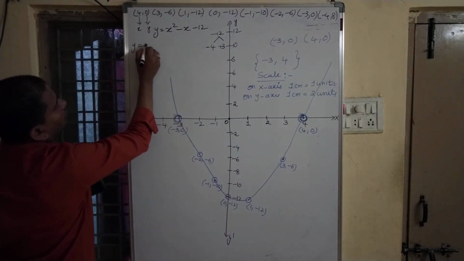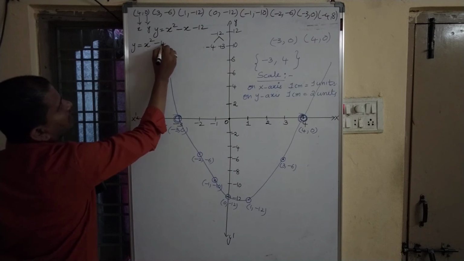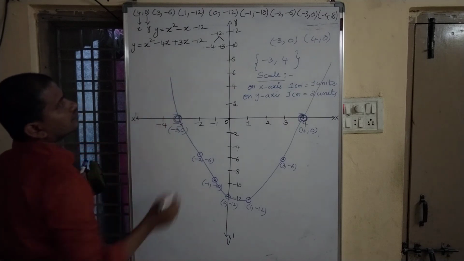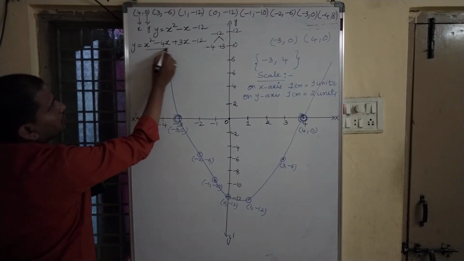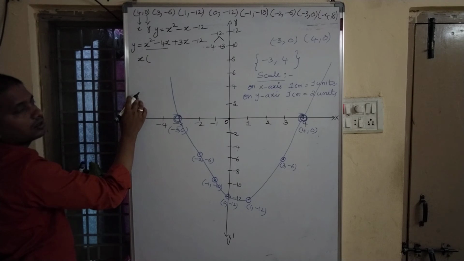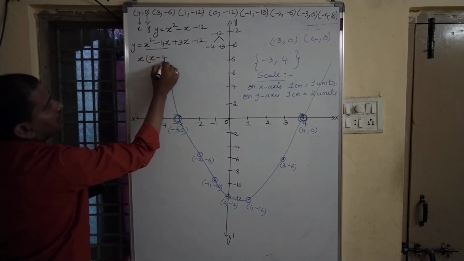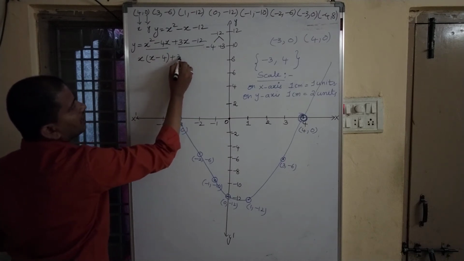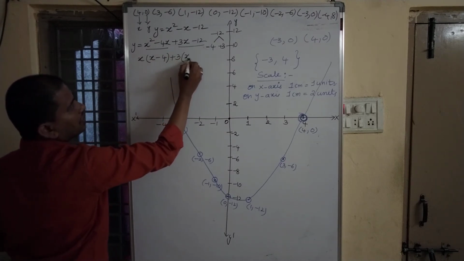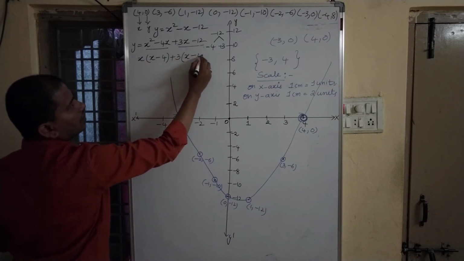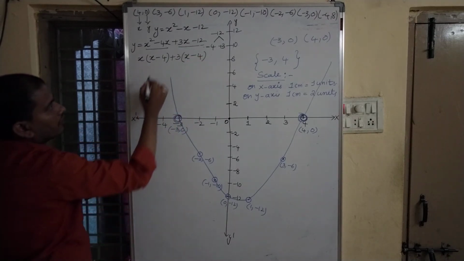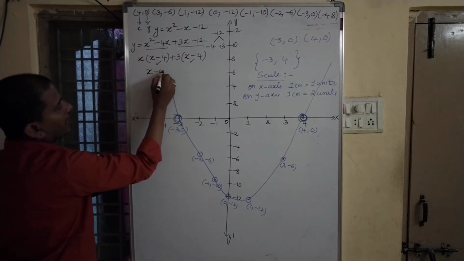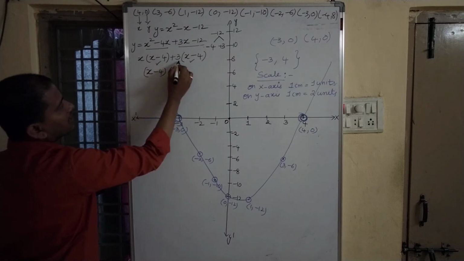So y equal to x square minus 4x plus 3x minus 12. From the first two terms, if I take x as common, the other factor is x minus 4. From the next two terms, if I take 3 as common, 3 into x is 3x, and 3 4s are 12, so I get 3 times x minus 4. Now here I have x minus 4, and here also x minus 4. If I take x minus 4 as common, I will get x plus 3.